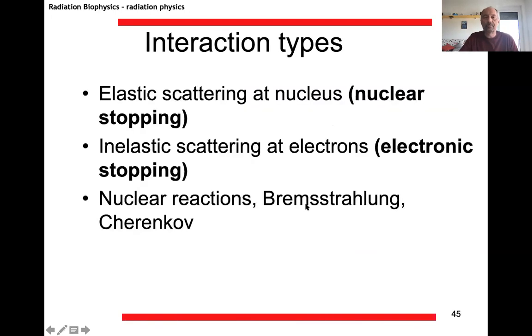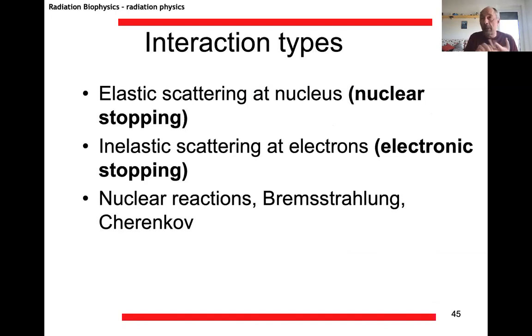Now, which kind of interactions do you have between charged particles and matter? Well, again, of course, you have elastic scattering with the nucleus, the Rutherford experiment, if you remember. The inelastic scattering with the electrons, so this is the electronic stopping, and we will see that this is the main path of energy loss.